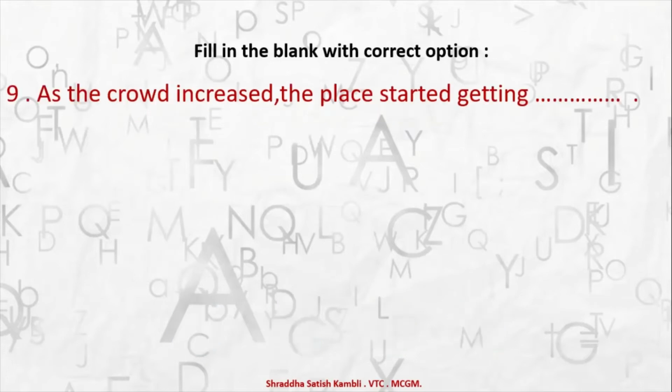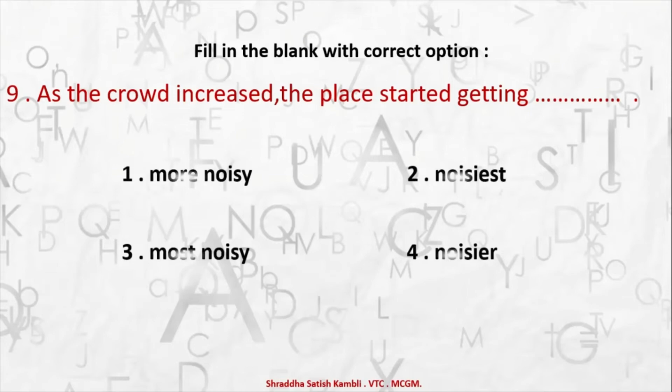Okay, coming to the ninth question or the ninth sentence, where we fill in the blank and find out the correct option. As the crowd increased, the place started getting dash. So as the crowd increased, the place started getting more noisy. The place started getting noisiest.